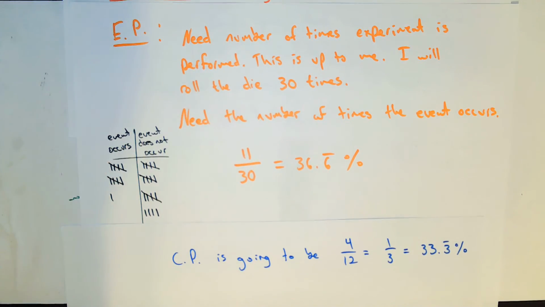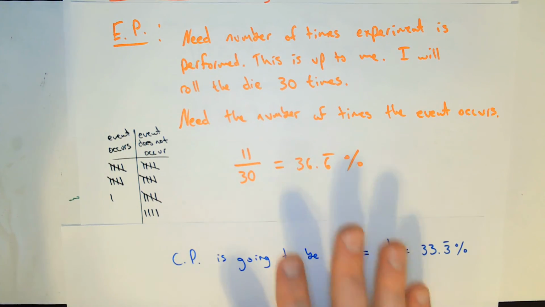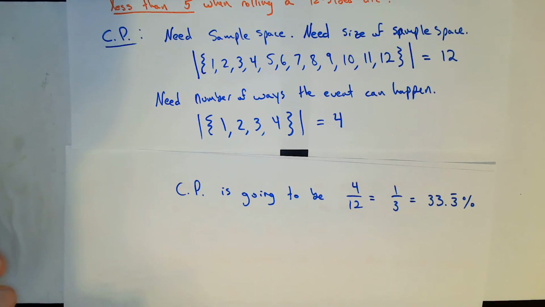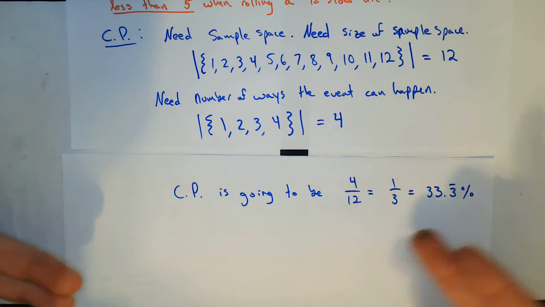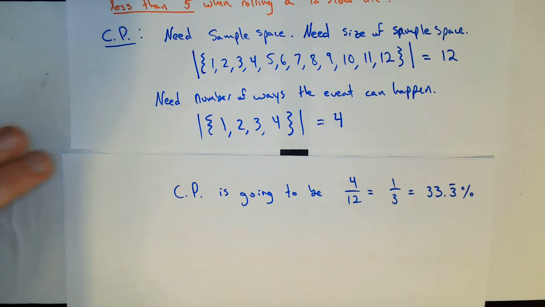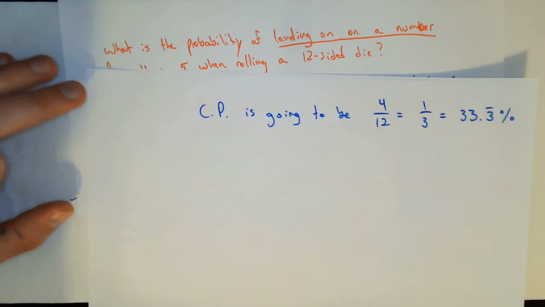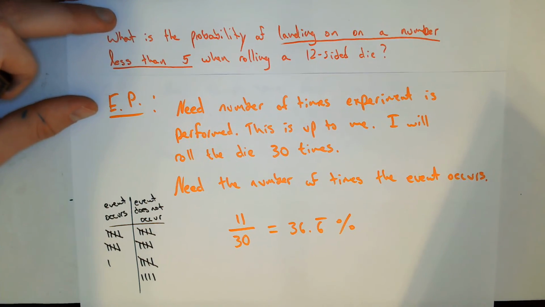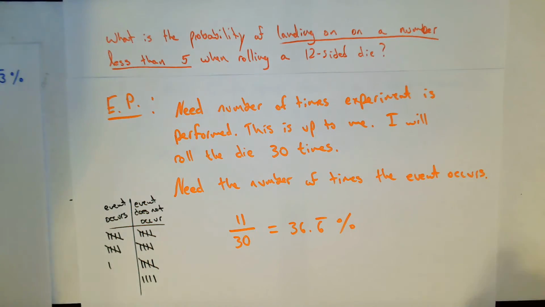So this is the difference between classical and empirical probability. Calculating classical probability is all about identifying the size of the sample and event space and then building a fraction out of them. No experiments needed. Empirical probability is all about the experiment. And what's the connection between the two?